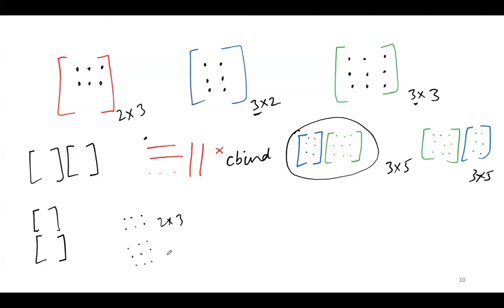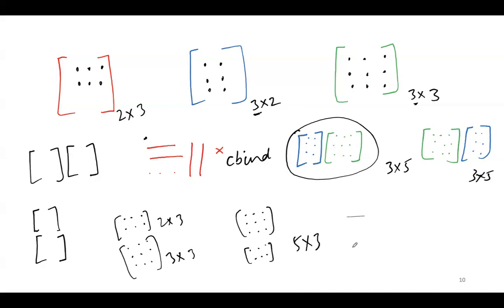So a 2 by 3 matrix and a 3 by 3, or it could be the other way also. So it's going to be a single matrix now. And what would be the dimensions of this new matrix? 5 by 3. Perfect. Great.